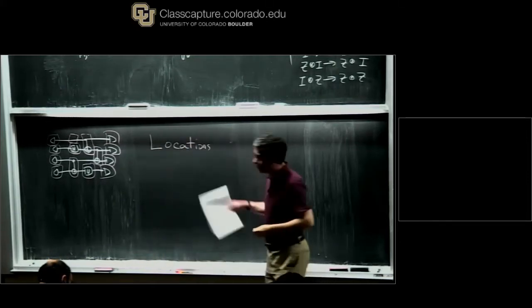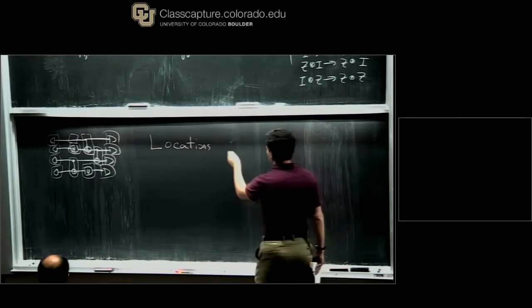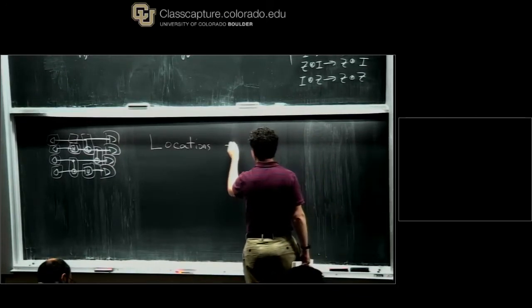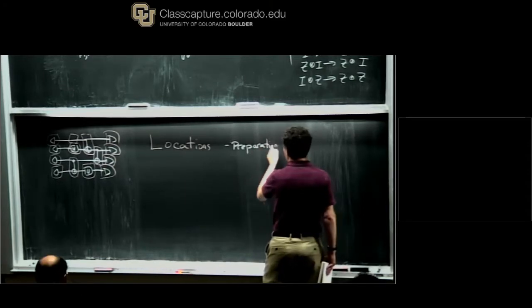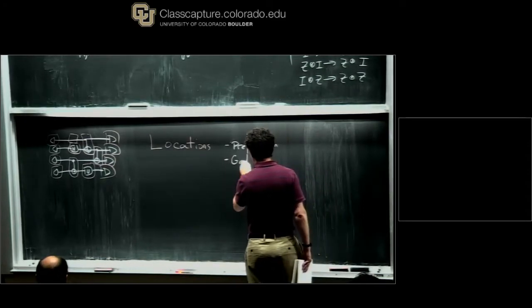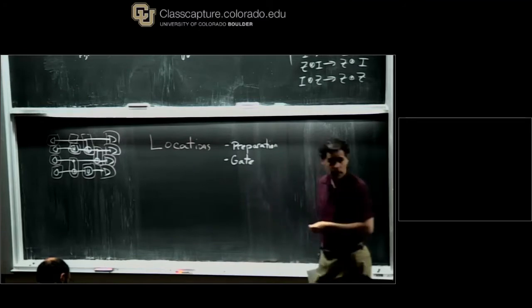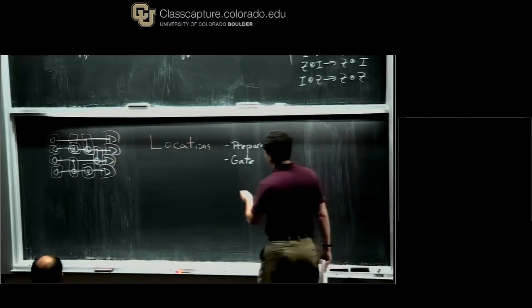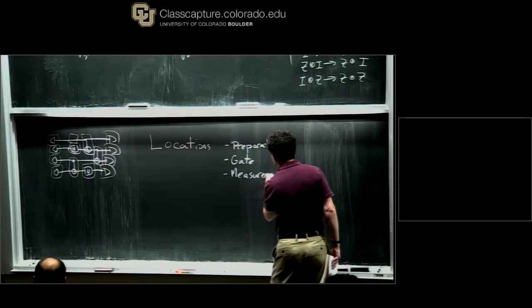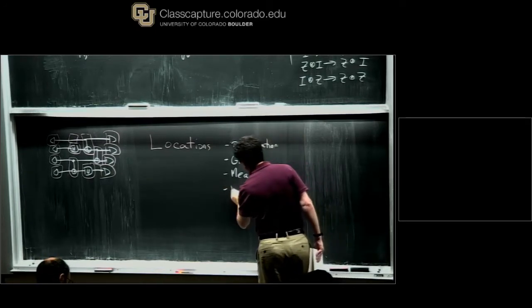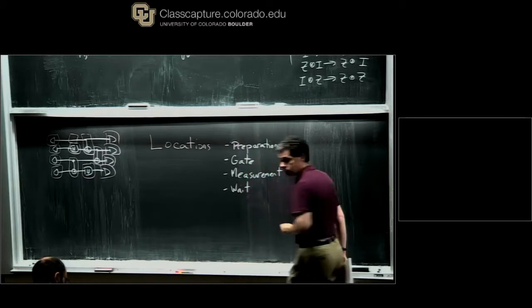So we're going to have lots of different kinds of locations, right? We're going to have state preparation locations. We're going to have gate locations for all the different kinds of gates that we have in our circuit. We're going to have measurement locations. And like I said, we might have waiting locations as well.